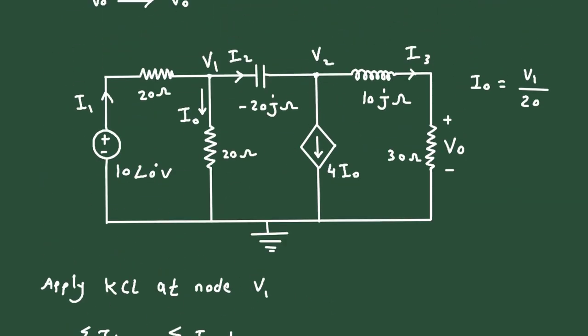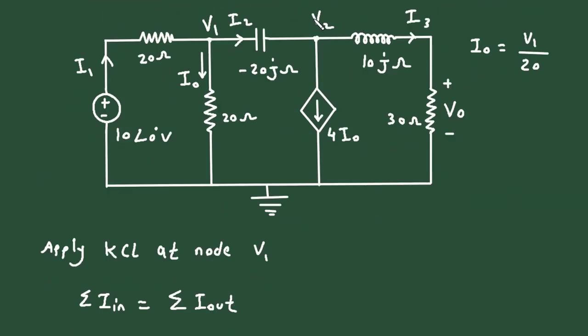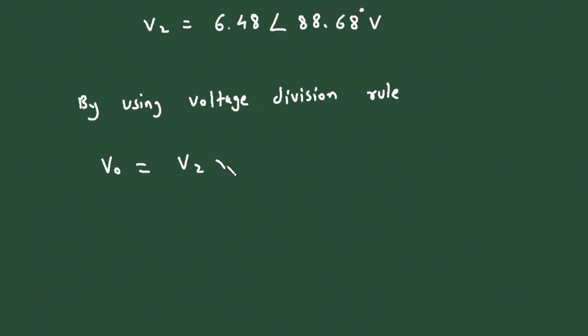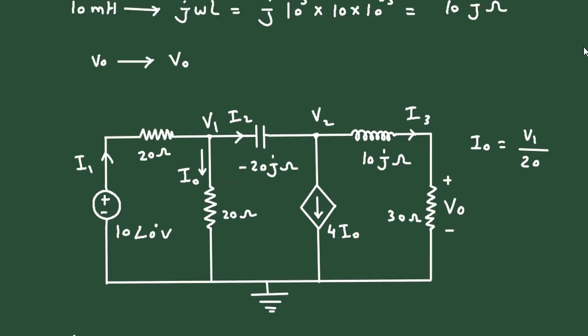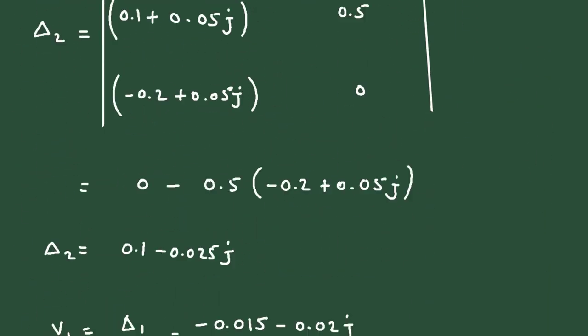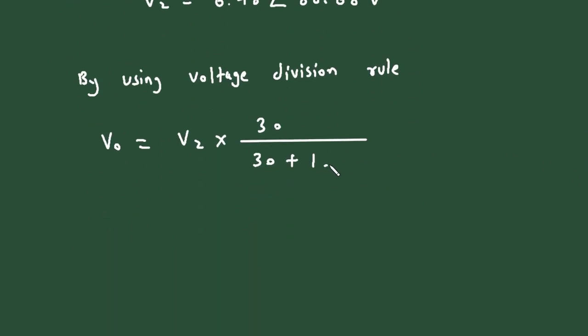So VO is equal to V2 multiplied with 30 divided by 30 plus 10j.